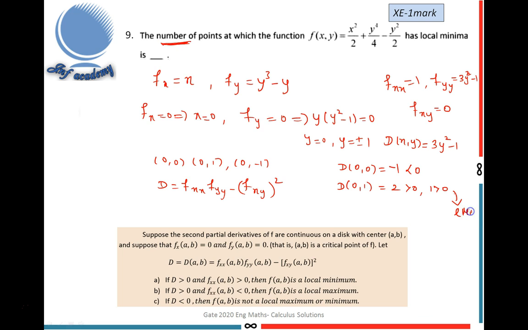Next, D of 0 comma minus 1 is also 2. This is greater than 0, and fxx is always greater than 0. This is also a minimum. So 2 points have the local minima values, that is 0 comma 1 and 0 comma minus 1. So the answer is 2. Final answer is 2.